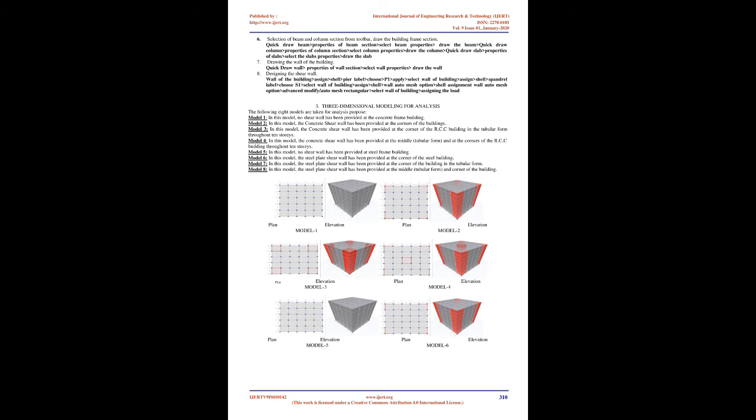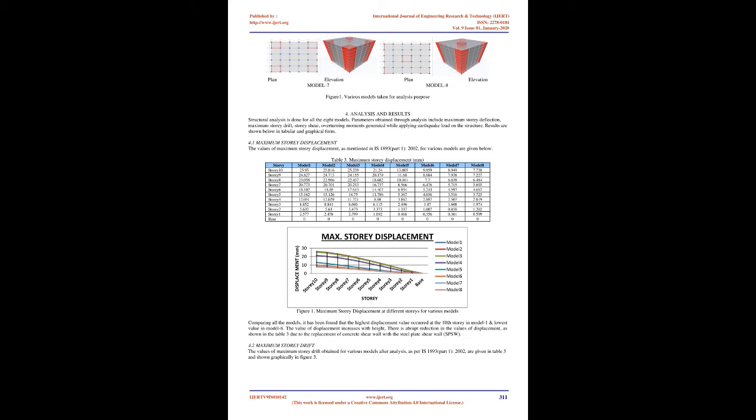Thickness of shear wall: 200 millimeters for concrete shear wall, 200 millimeters for steel plate shear wall. Material. Concrete frame: concrete M30, steel HYSD 500. Shear wall: M30, HYSD 500.